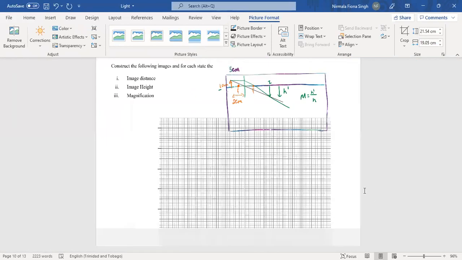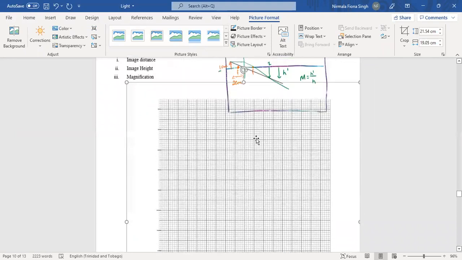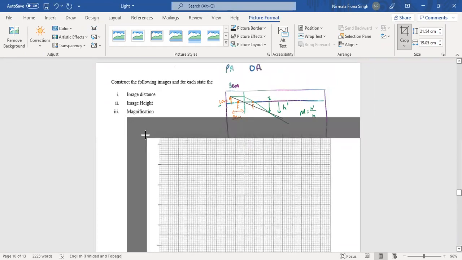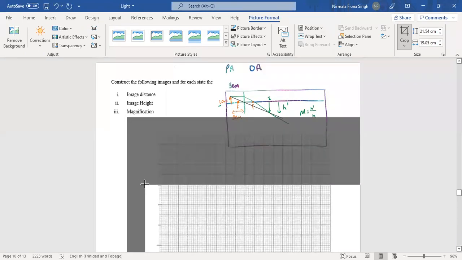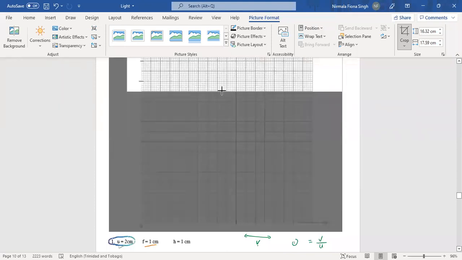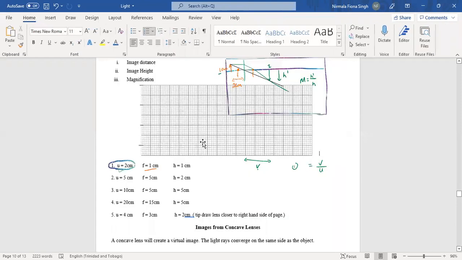All right, so we have some graph paper here. Let's go ahead and try this and see what we can get as a scale drawing. Sometimes you don't need the entire graph page to do a drawing, but we're going to use as much as we can.